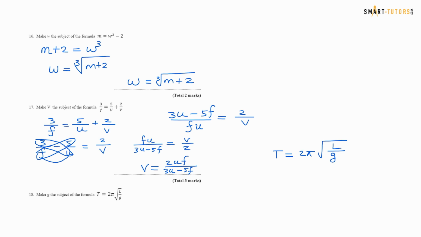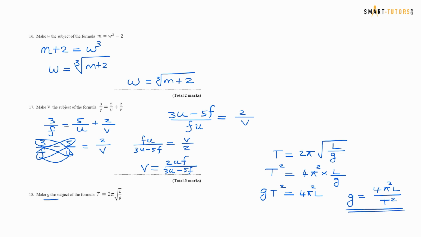So now this time they ask g as the subject, so square both sides, so t squared equal 4 pi squared times L over g, cross multiply, g t squared equal 4 pi squared L. So g as the subject, so g equal 4 pi squared L over t squared. That is the final answer for g.